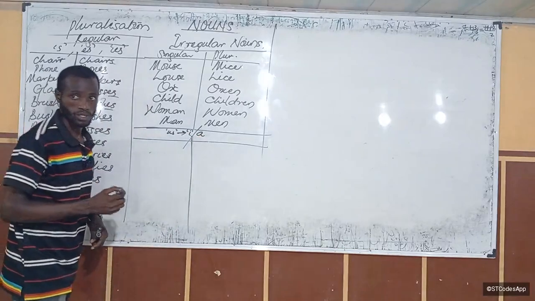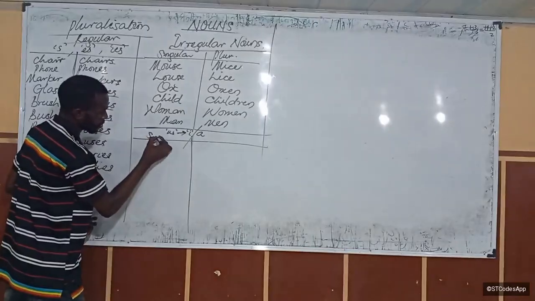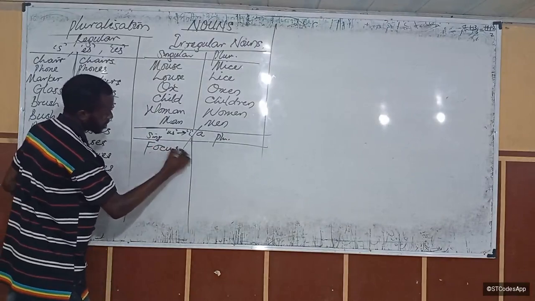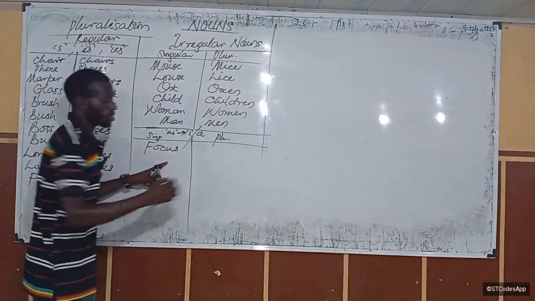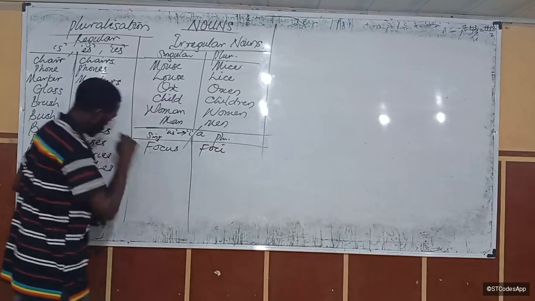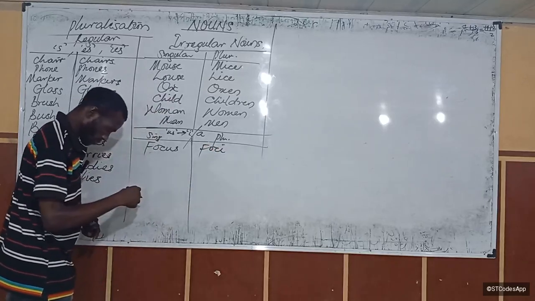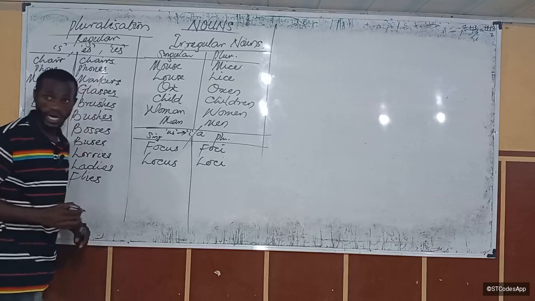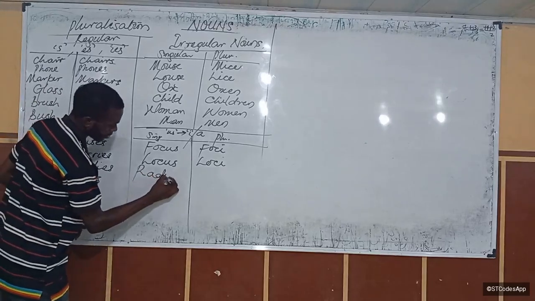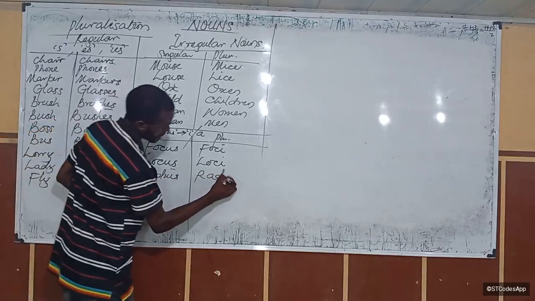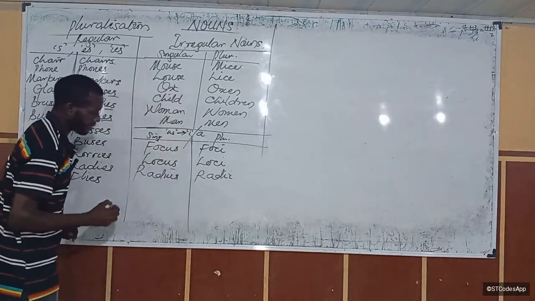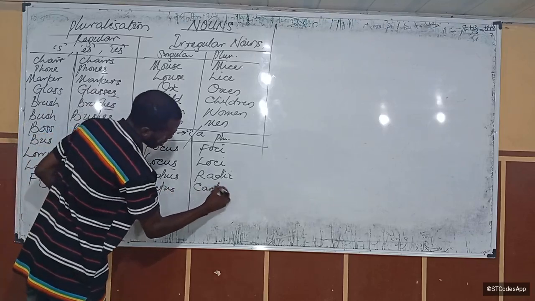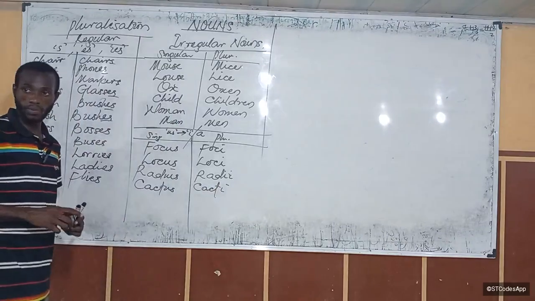So for example, we have focus. This is singular. This is plural. Focus and what? Foci. We have locus and loci, yeah? We have radius and radii. We have cactus and what? Cacti, yeah? Cactus plant, yeah?